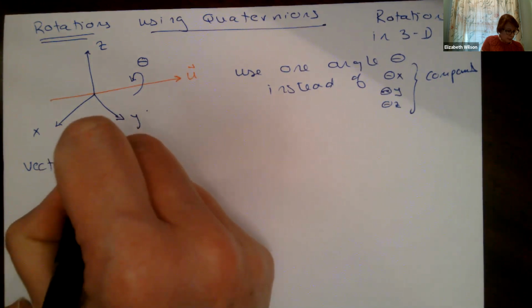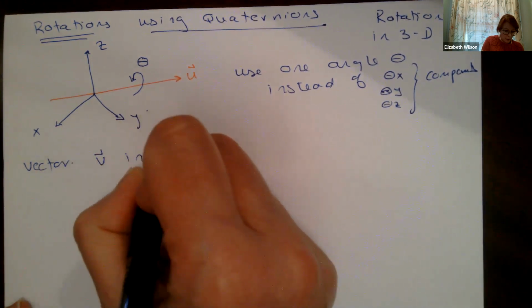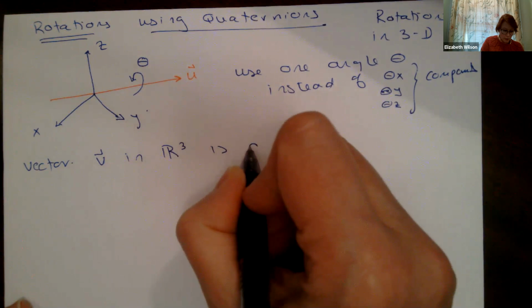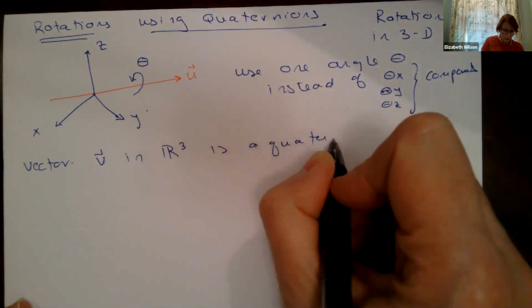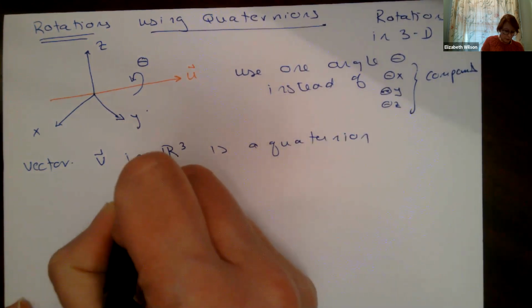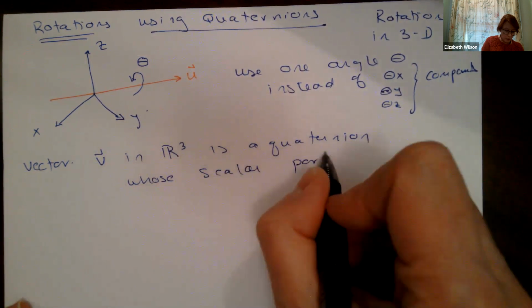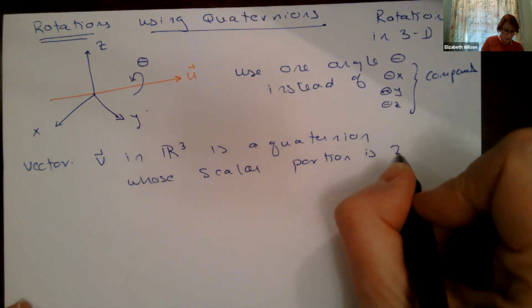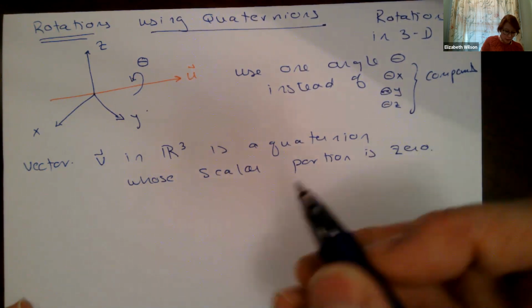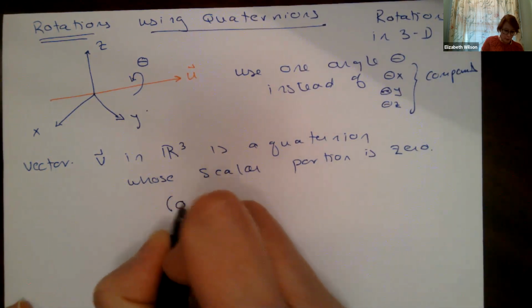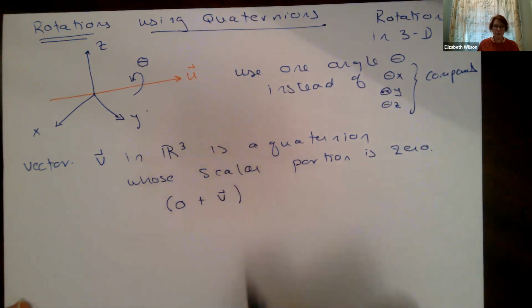Okay, so let's say we've got a vector. We'll call it vector V. In our 3 dimensions, it is a quaternion whose scalar portion is 0. So it's going to look like 0 plus my vector V. I'm forcing it into the shape of a quaternion, right?